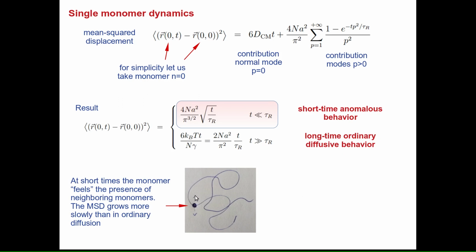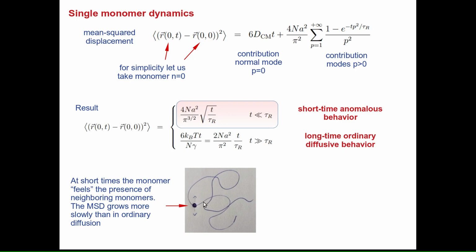By doing that, the monomer is not doing free diffusion; it is strongly constrained by the neighboring monomers at short times, and that's why the mean square displacement grows more slowly than free diffusion, as the square root of t.